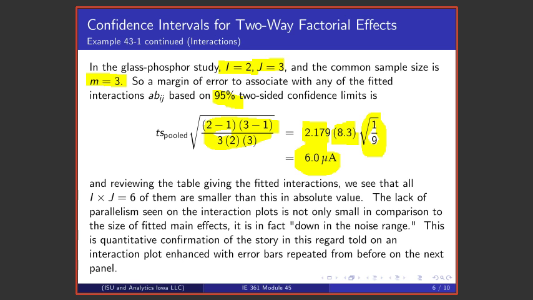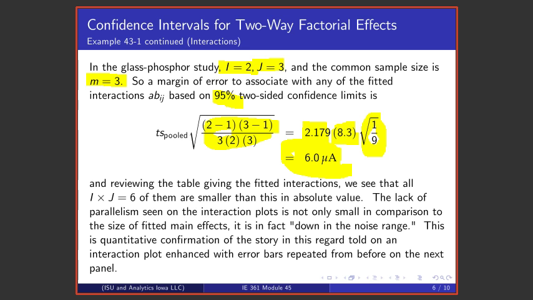If you'll remember, those ABIJs were numbers like plus or minus 2.22 or plus or minus 1.11. They're known only to within about 6 microamps. That is, confidence limits based on those fitted effects include 0, positive values, negative values.